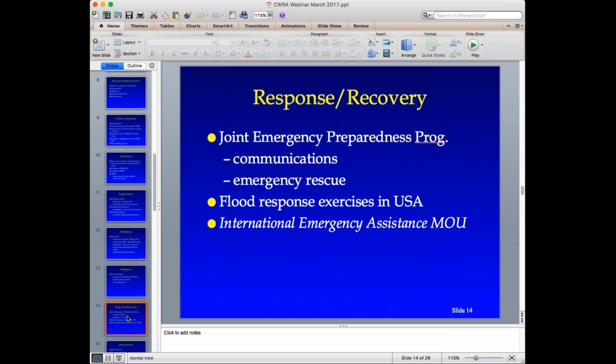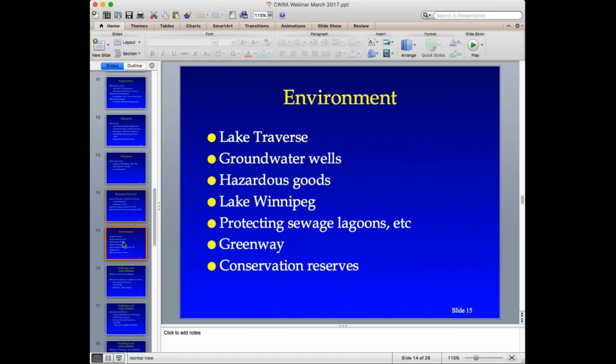There are also a number of different flood response exercises in the U.S., and ultimately an MOU was signed between Canada and the U.S. for international emergency assistance, which would allow movement of goods and services across the border in a flood emergency. And so there was some effort in this response recovery area, but a large amount of the effort was devoted to mitigation.